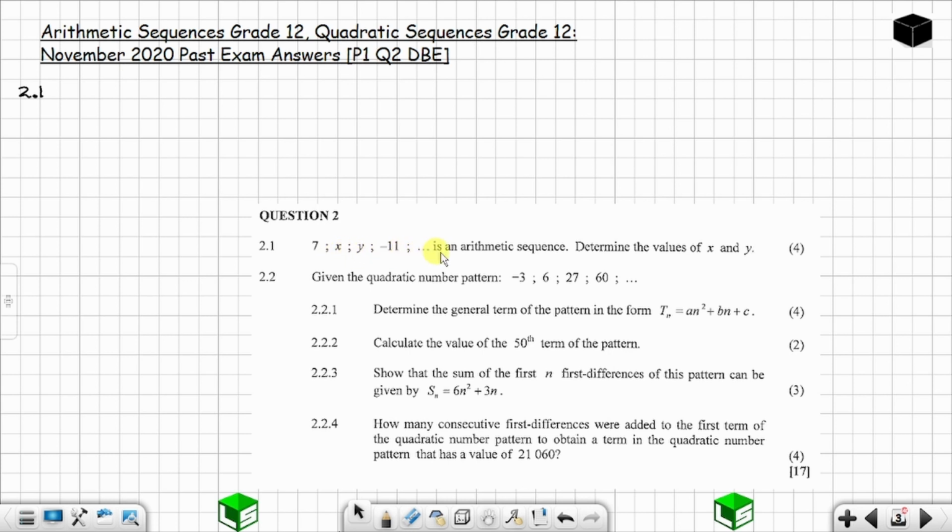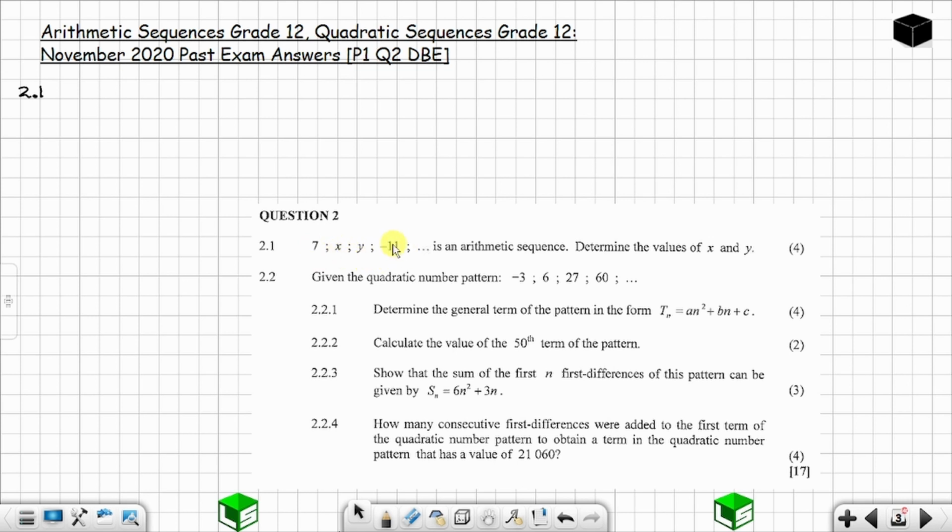Remember this is an arithmetic sequence. When they say it is an arithmetic sequence, you understand that there is a common difference between the terms. Remember that from the lesson; please go watch my video on arithmetic sequences. Since there is a common difference, if I take this term minus this term, it is also equal to this term minus this term.